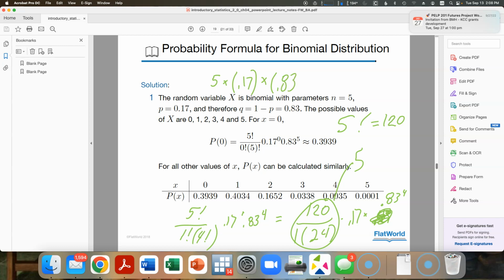And then if you're looking at your calculator, you should have that little hat symbol. So type in that little hat symbol, 4th. And then I got 0.4033, which is what they got there. So I just repeat that process for 2, 3, 4, and 5.